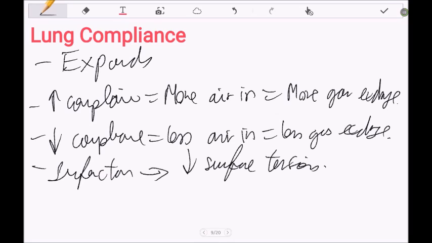When the lungs are trying to expand, there's always a little bit of water molecules coating the outside of the lungs, okay? Water molecules have a tendency of trying to bind to each other. So let's draw a few water molecules here, okay? H2O, so 2 H and 1 O. One water molecule, and here's another water molecule, and here's another water molecule, okay?